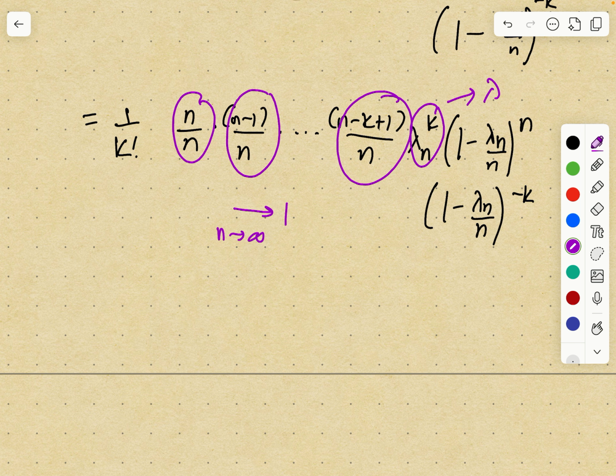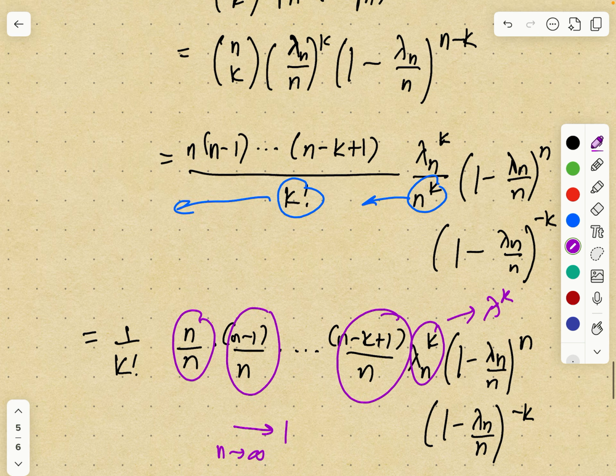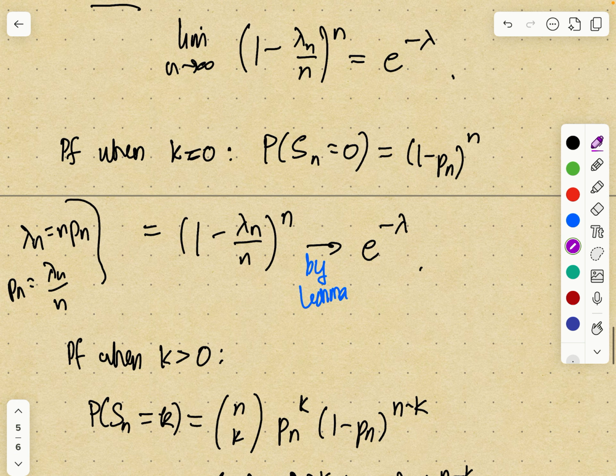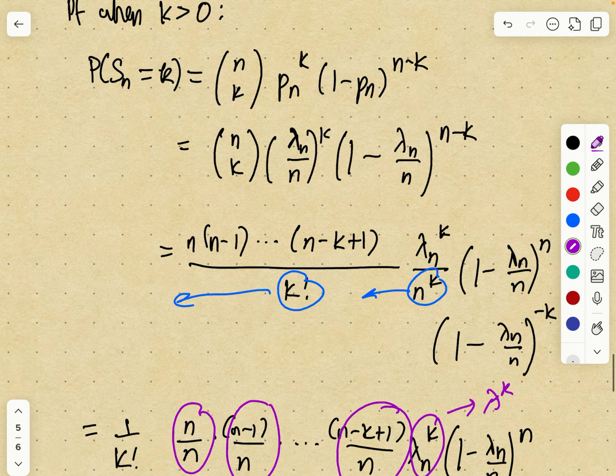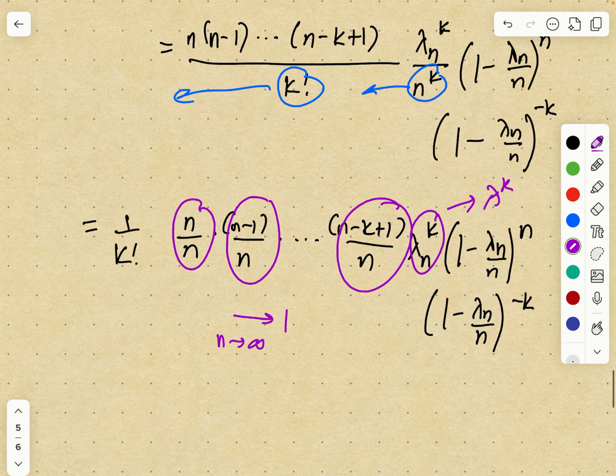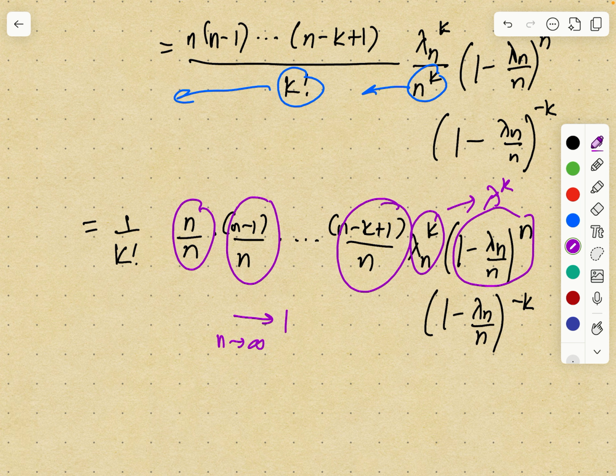So that's going to approach lambda to the k power. And then what about the 1 minus lambda sub n over n to the nth power? Well, as we stated in the lemma, that approaches e to the minus lambda.